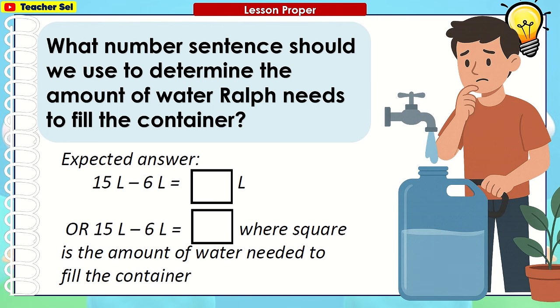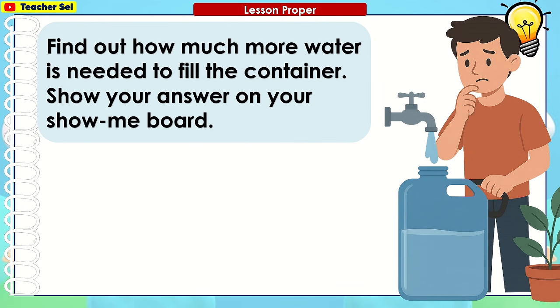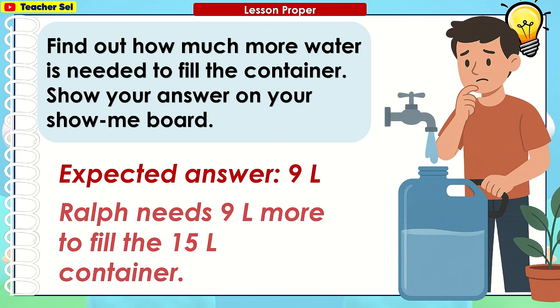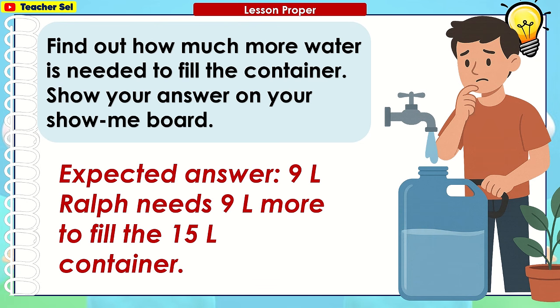Here is the expected answer. Find out how much more water is needed to fill the container. Show your answer on your Show Me board. The expected answer is 9 liters. Ralph needs 9 liters more to fill the 15 liters container.